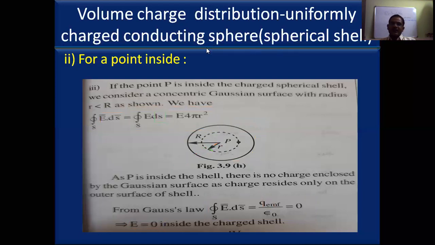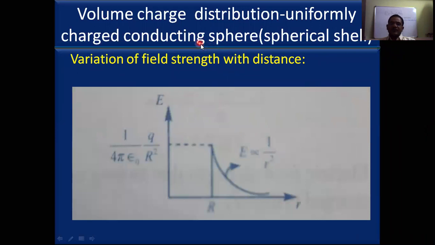Now, if you see the graph, the graphical representation will be like this. The graph is drawn between distance and electric field strength. Just observe here.